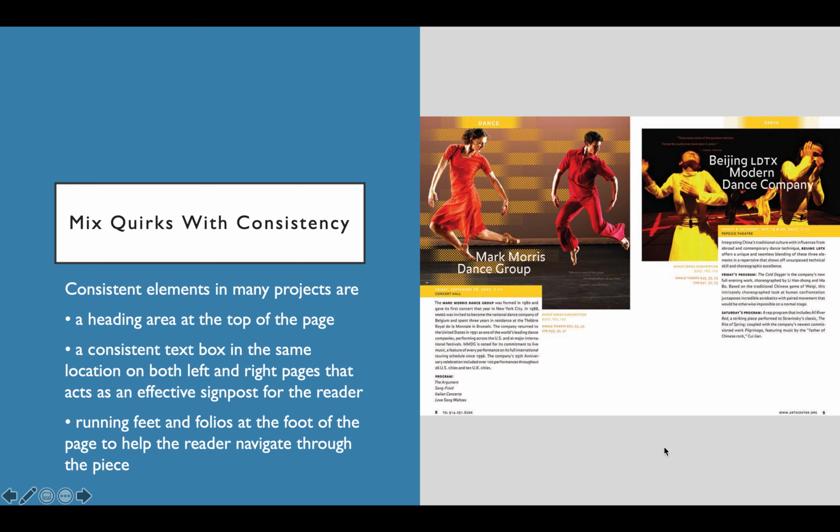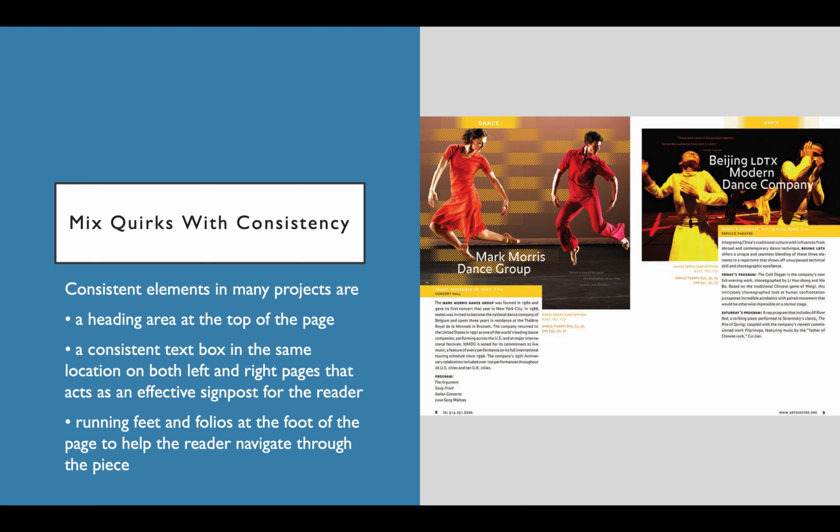So here we can see where they place the titles that can move around, but we have this strong 2-column thing going on. We've got this repetition of this pattern of these blocks that go horizontally, but how it's being depicted, how it's being overlaid onto the page, where exactly the name of the company or the group that's going to be performing lives, those things can be moved around.